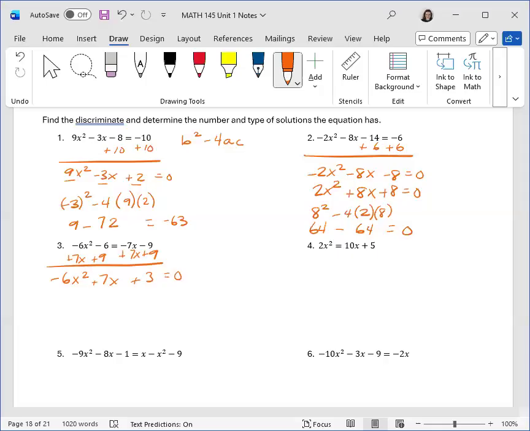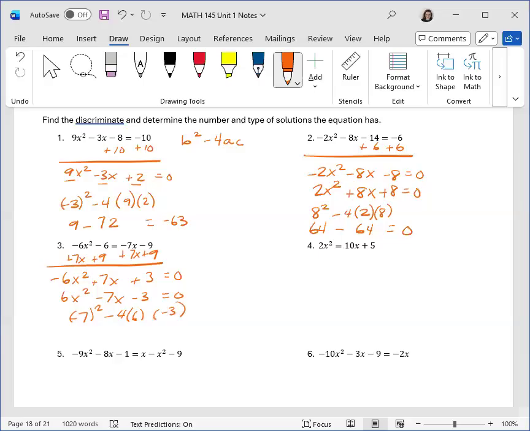Multiplying through by a negative 1, 6x squared minus 7x minus 3 equals 0. Evaluating that discriminant, b squared minus 4 times a times c.